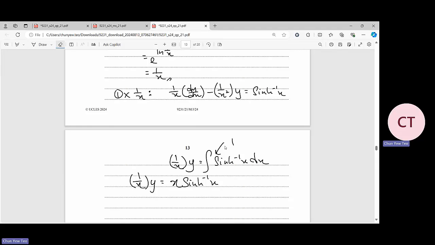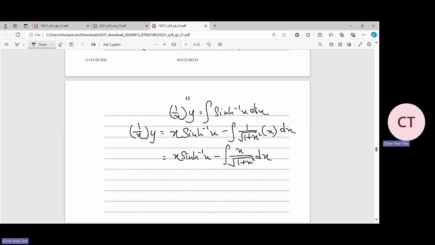Integrate 1, you will get x. Minus the integral of 1 over square root of 1 plus x squared multiplied by x. Then you have x arcsine of x minus the integral of x over square root of 1 plus x squared dx.